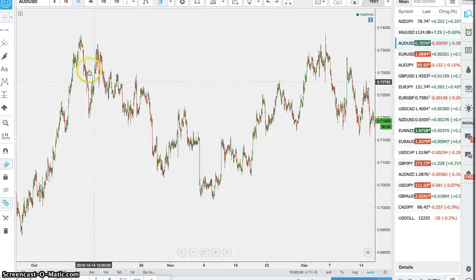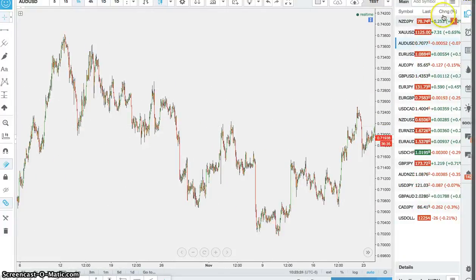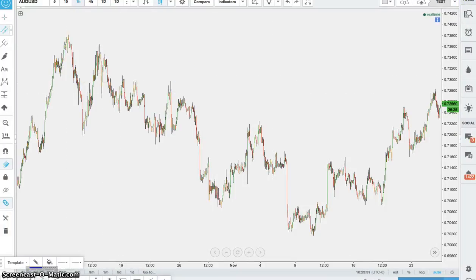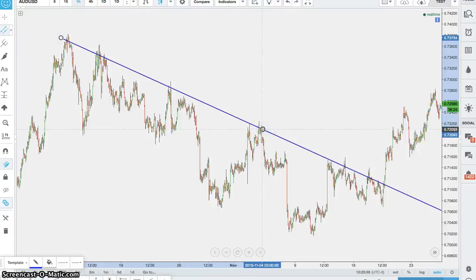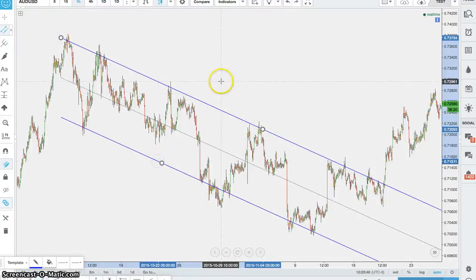So for example, for this downtrend, we would grab the channel tool down here and draw in the top, and then we drag it to the bottom like that.